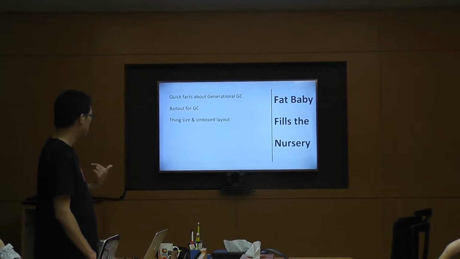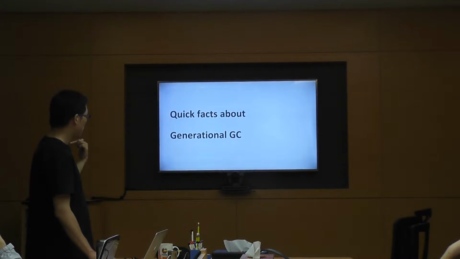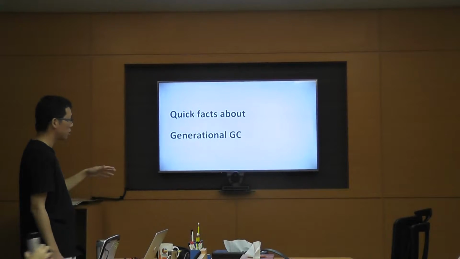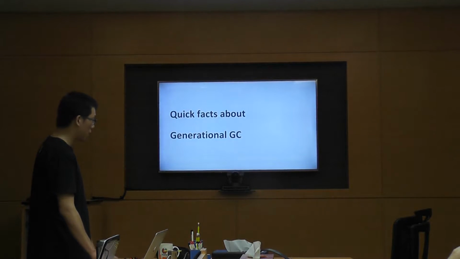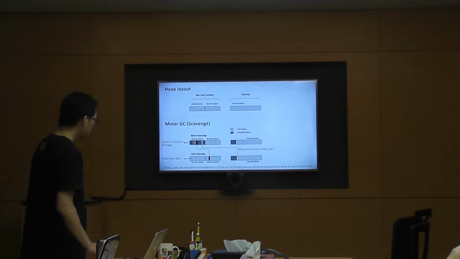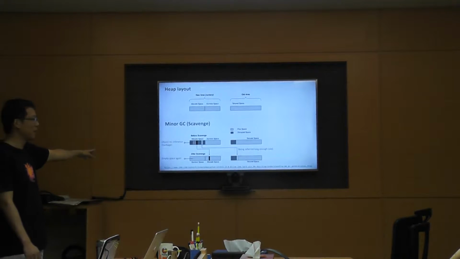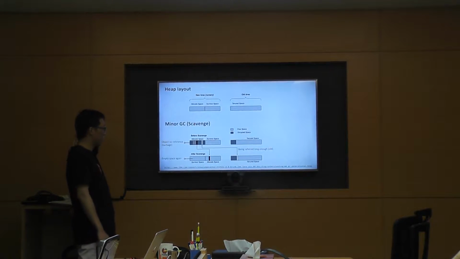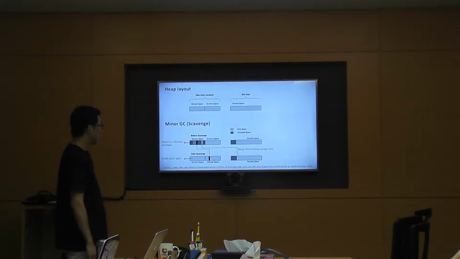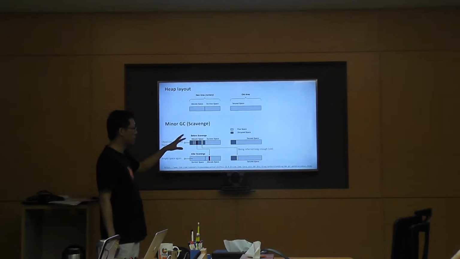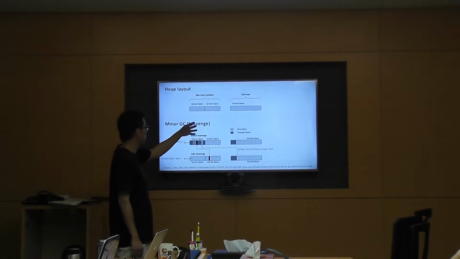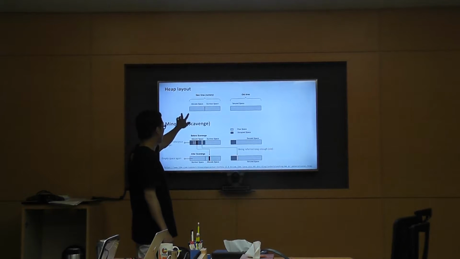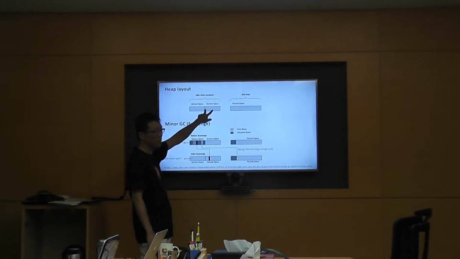So about our GC. Okay, I will introduce some quick facts about generational GC, because inside SpiderMonkey we use generational GC as our GC model. This is from the IBM JavaScript documentation, so I just borrowed it. But anyway, it explains the whole generational GC very well. Basically, a generational GC engine will split your memory into two parts. One is the old area and one is the nursery. And the nursery will be split again. One is named allocated space and one is survivor space.